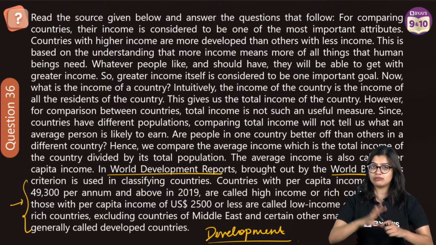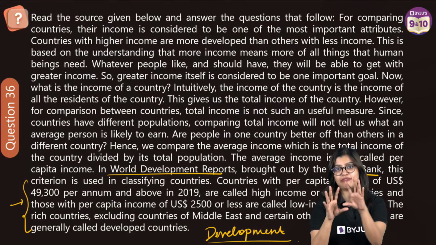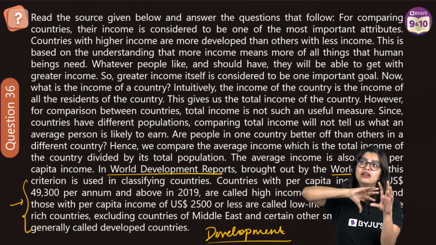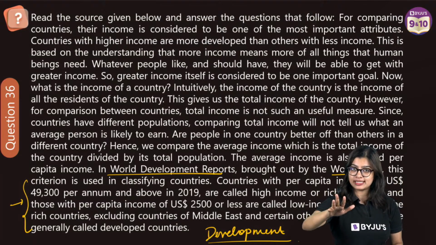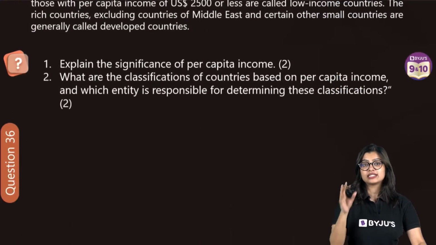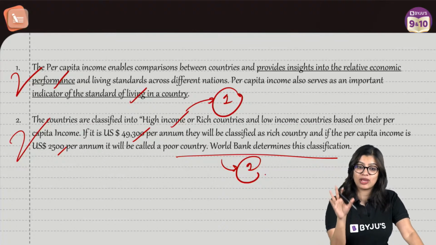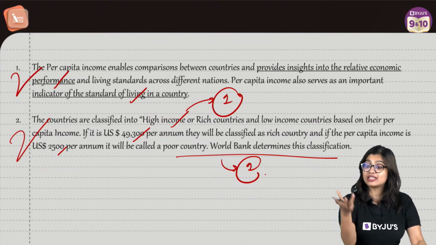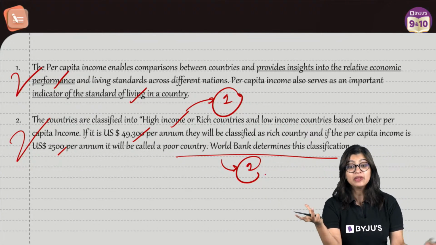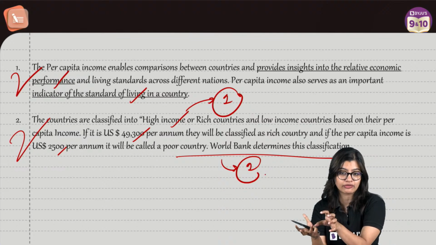Now remember, from this analysis so far, you realize that even though you have competency questions, isn't your section D and E very scoring? Your 5-mark questions and 4-mark questions hold the maximum weightage, and they are easily scoring for you.